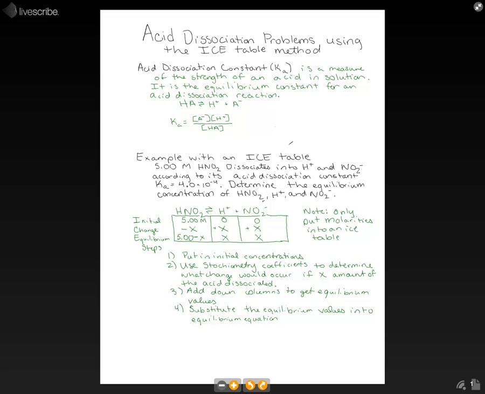Our equilibrium equation is that Ka equals the concentrations of our products over the concentrations of our reactants.